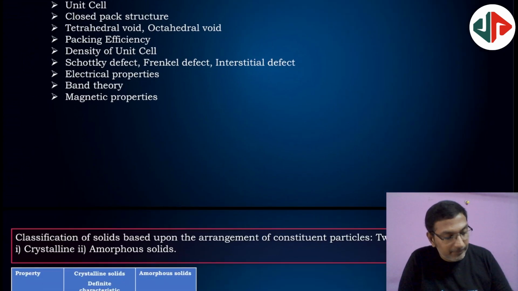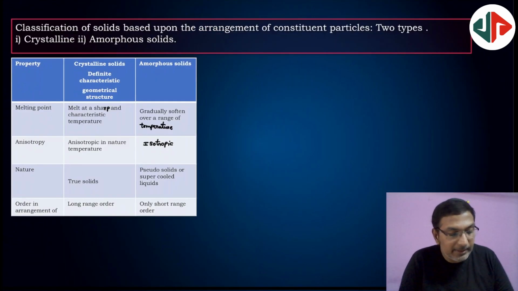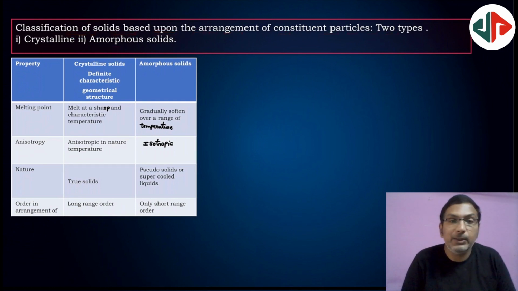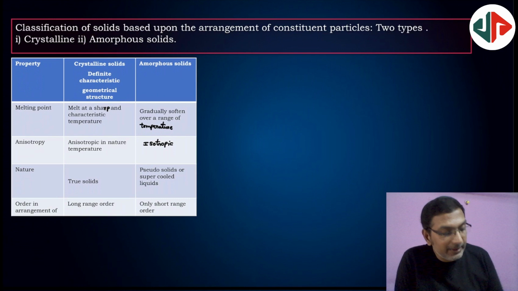So first one, classification of solids based on arrangement of constituent particles. Solids are classified into two types, which is crystalline and amorphous.